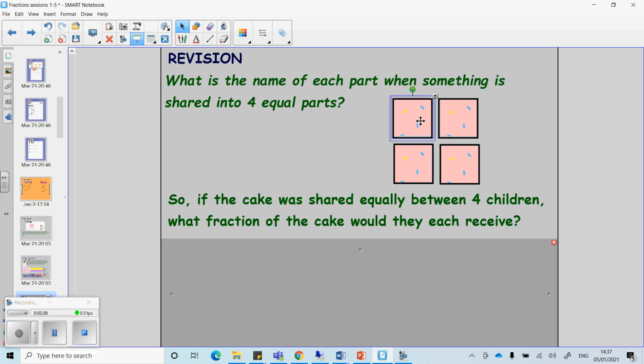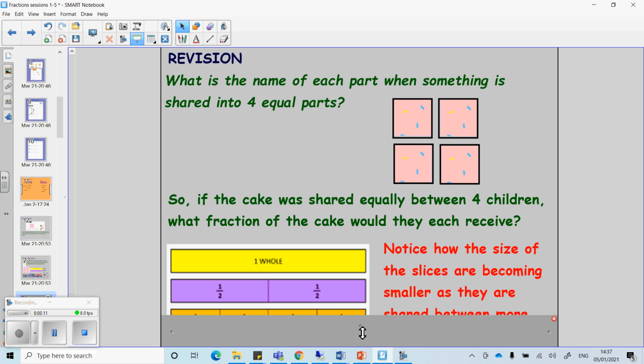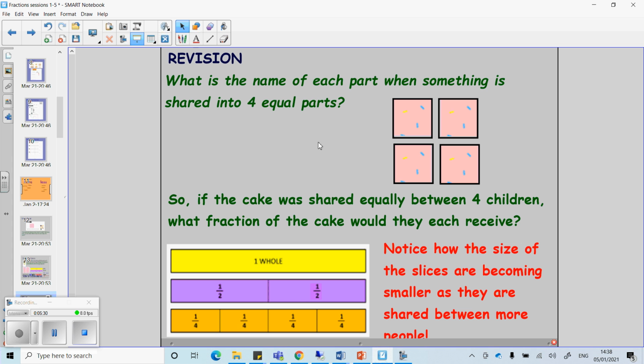Okay, so that should hopefully look like one of these at the bottom. A 1, and then our line, and then a 4. 1 part out of 4. Remembering that they are all equal. That would be 1/4.